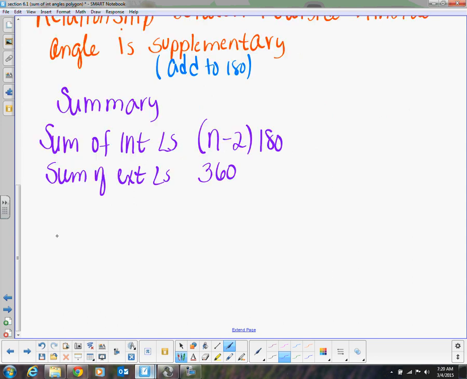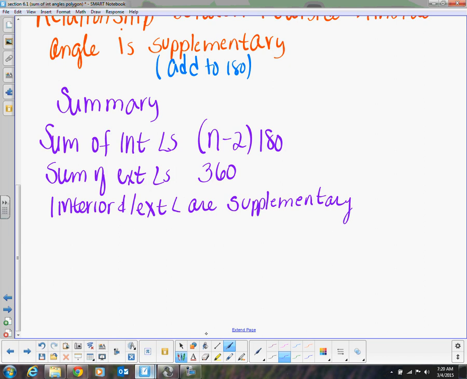And then one interior angle and one exterior angle are what? Supplementary.